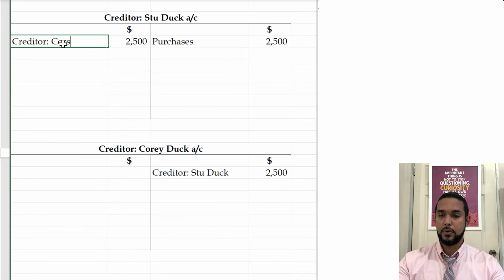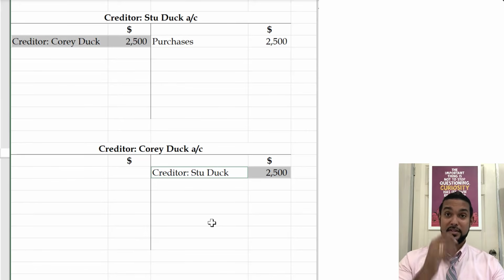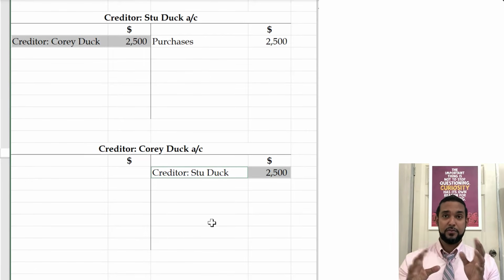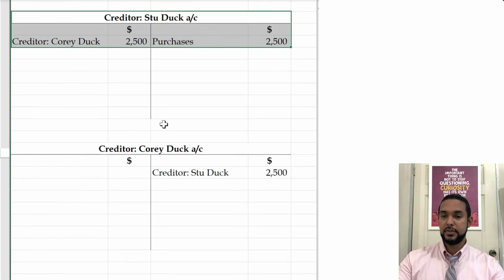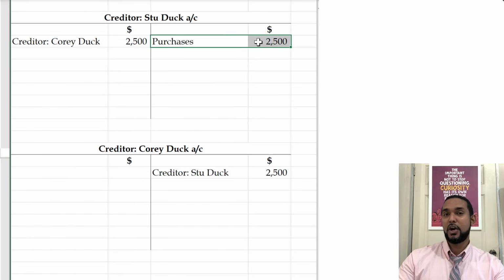Corey Duck. Right, now before we go any further, I want to point out that this is an instance in error correction where the little hack we have, credit where it's coming from, debit where it's going, doesn't work. Technically we're transferring value from Stu to Corey, but it's actually a correction of an error, which is not typical double entry transaction recording.